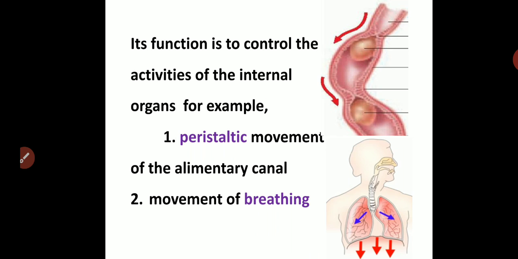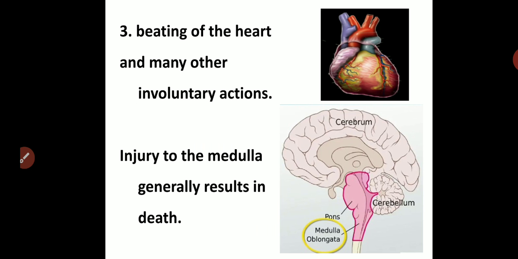Involuntary activities like beating of the heart, respiration, sneezing, peristaltic movement of the food, that is passing of the food from the esophagus or through any part of the alimentary canal, then swallowing, coughing, having hiccups. These are all controlled by the medulla oblongata.